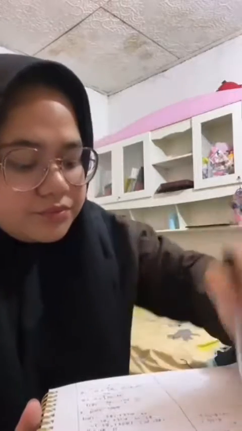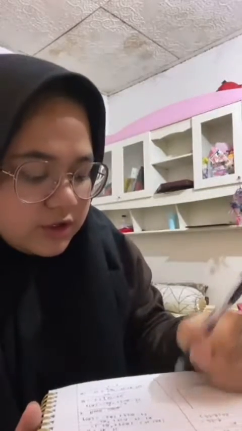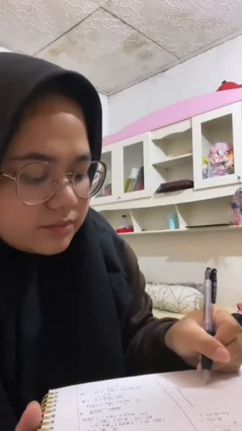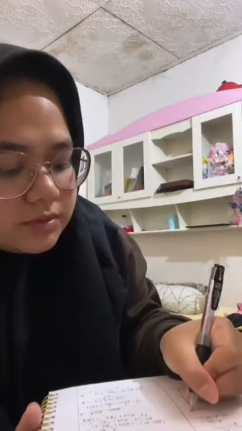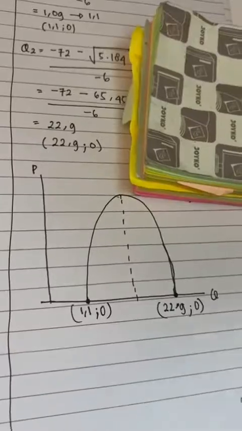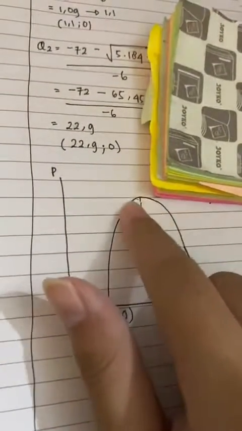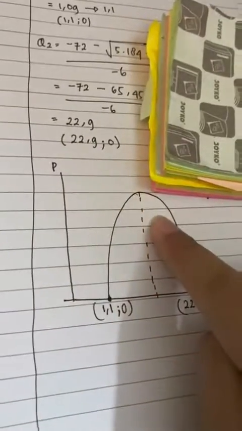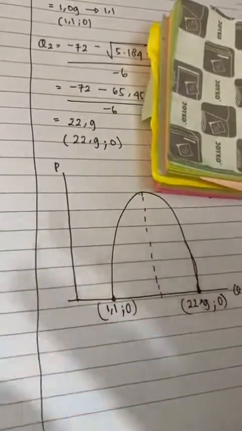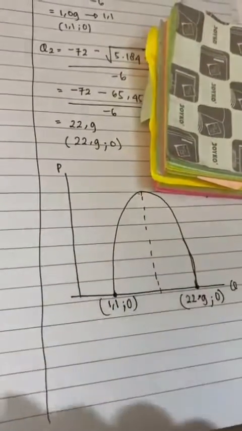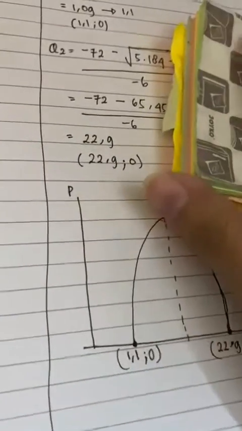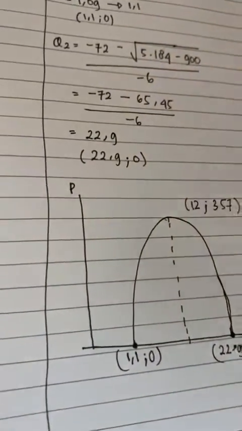The next step, we're going to draw the curve. No need for a ruler. After we got the curve, we don't know the maximum profit in this curve, so we're going to find that.